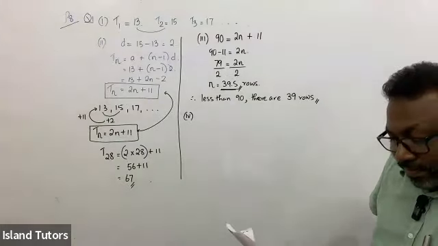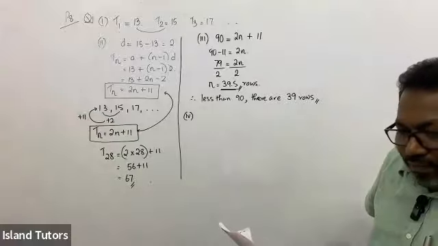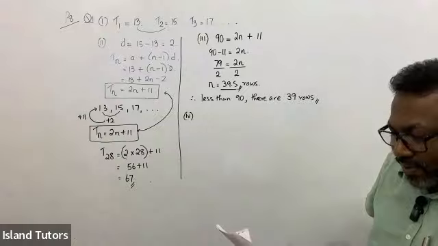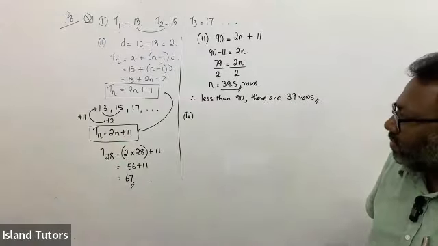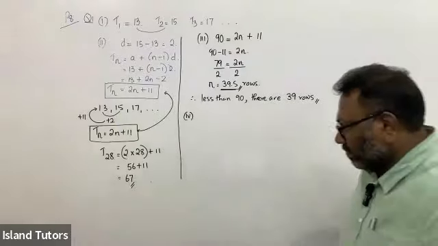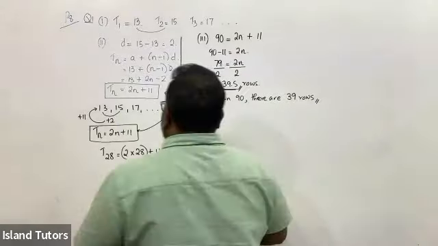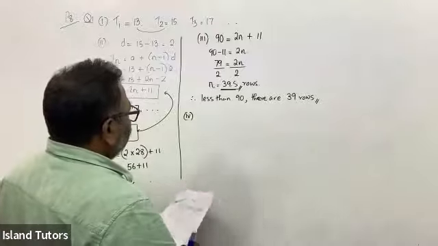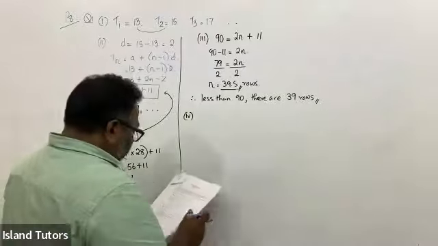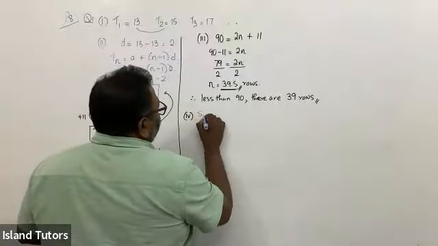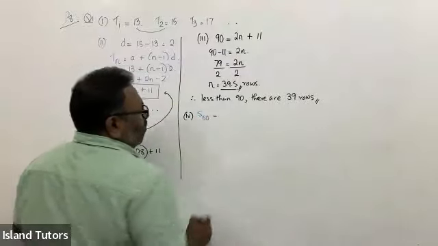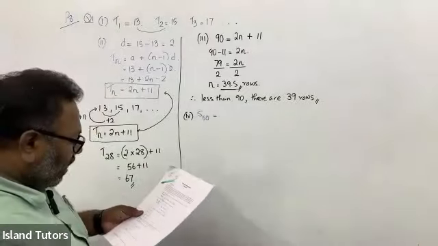Fourth question. Find the total number of flowering shrubs there are in the flower bed. How many more red flowering shrubs are there in the bed than white flowering shrubs? Okay. So how many more? Fourth question. So we need to find out in the 50 beds, how many flowering shrubs are there?